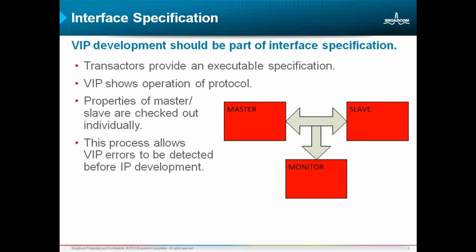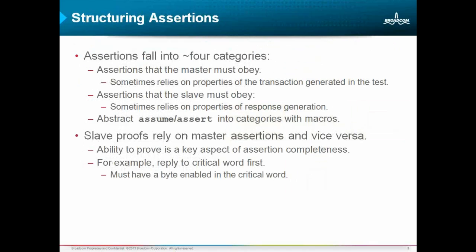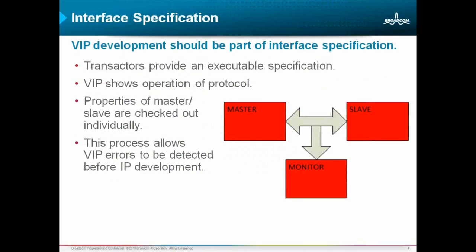And so, we get through a lot of verification IP errors before we even get close to the IP development. We can also thrash out corner cases of the protocols and so on. And then typically all of your assertions will go into the monitor.